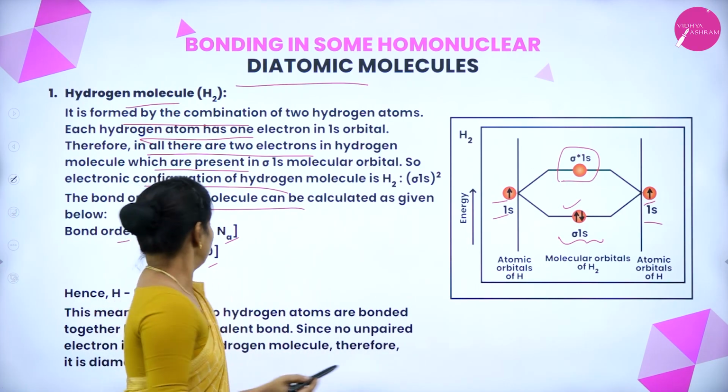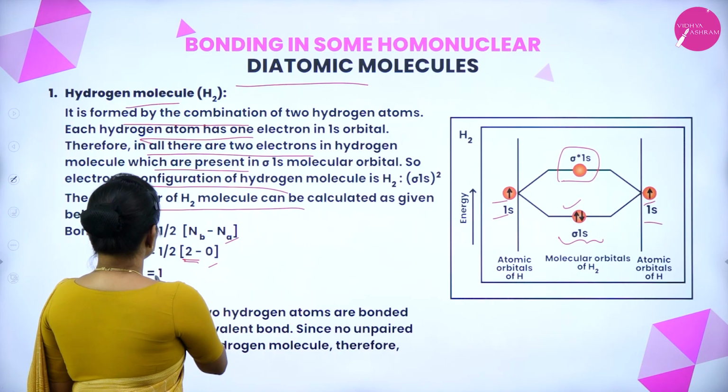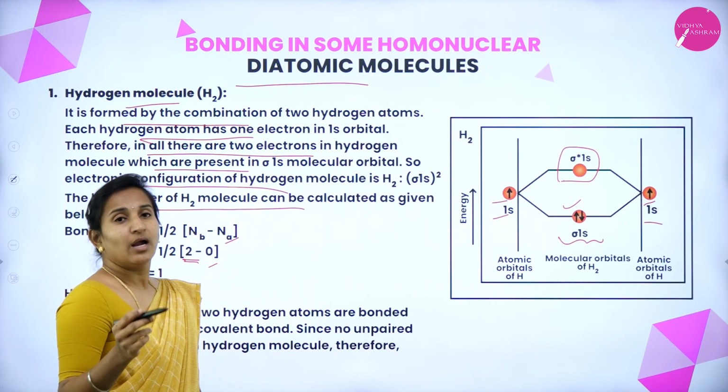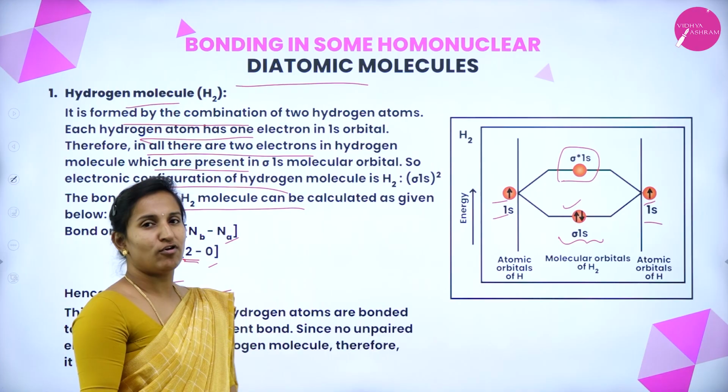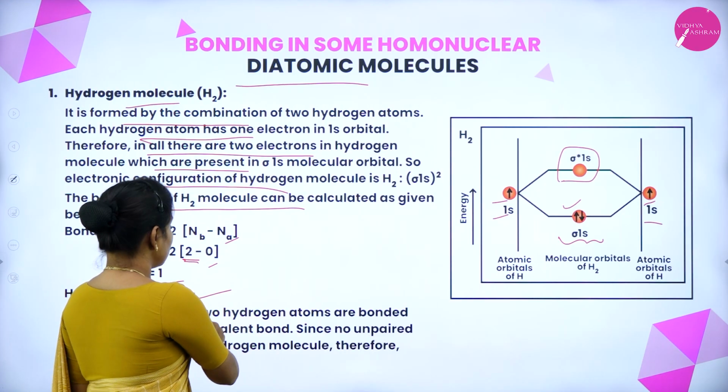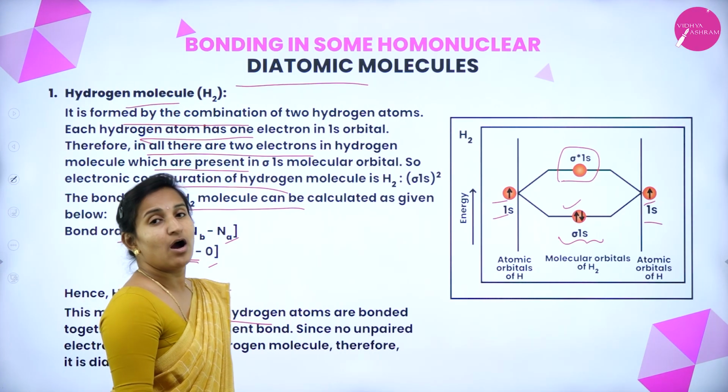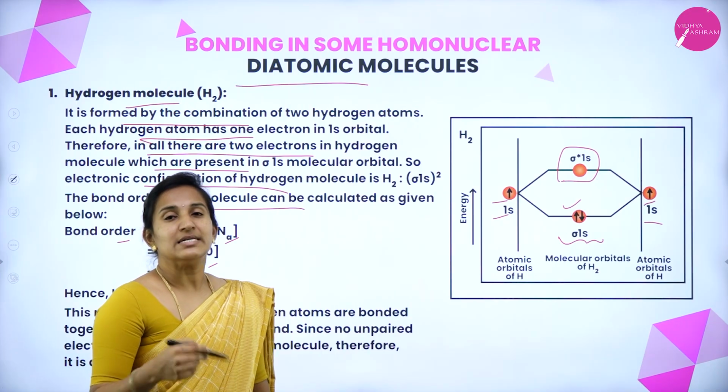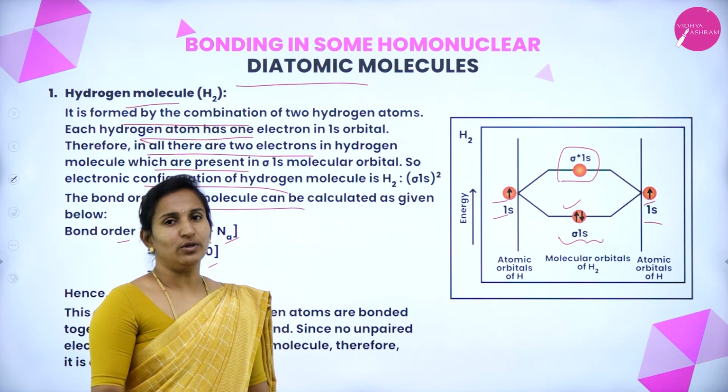Hence, the bond order is 1. Hence, the hydrogen molecule exists in the form of H2. This means two hydrogen atoms are bonded to form a diatomic molecule.